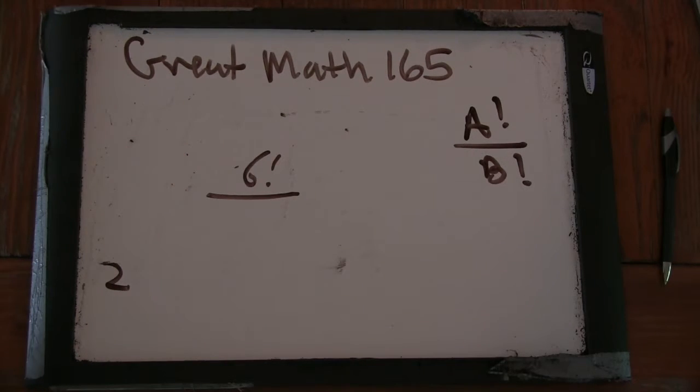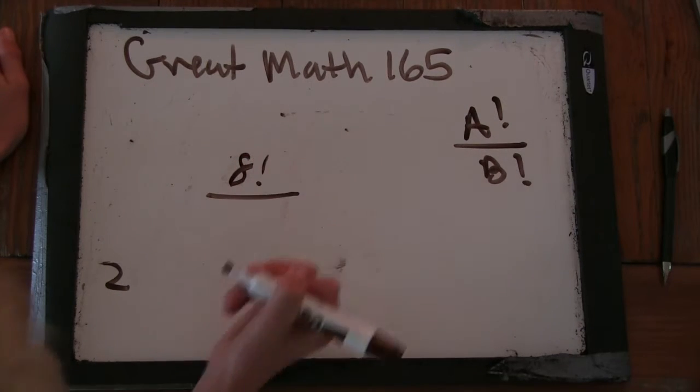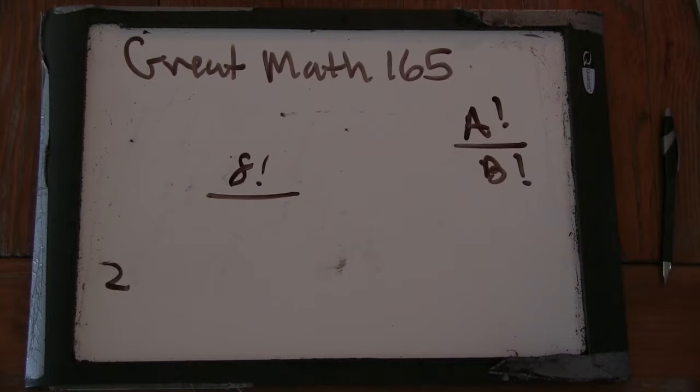All right. So we can go to 8 factorial. 8 factorial would have seven 2's. So we need to take away five of them to have two.